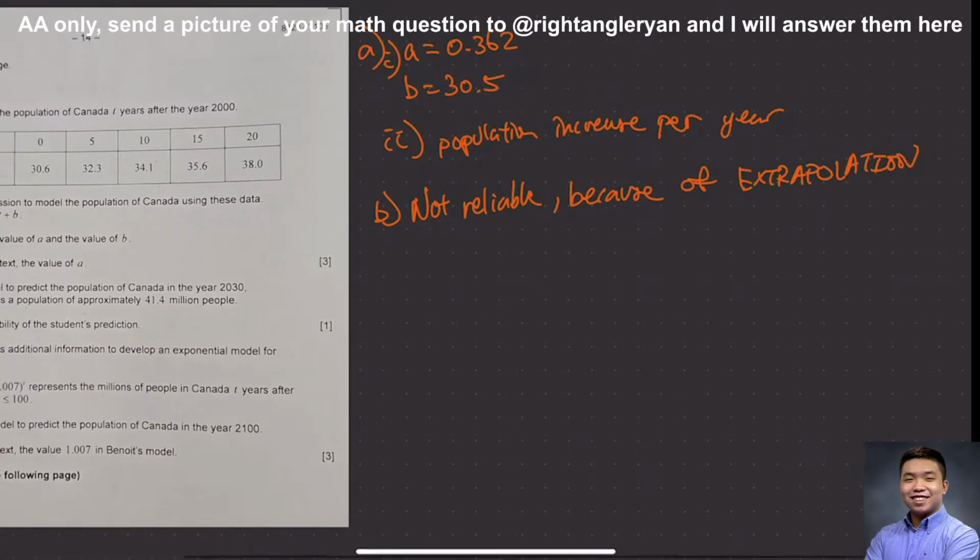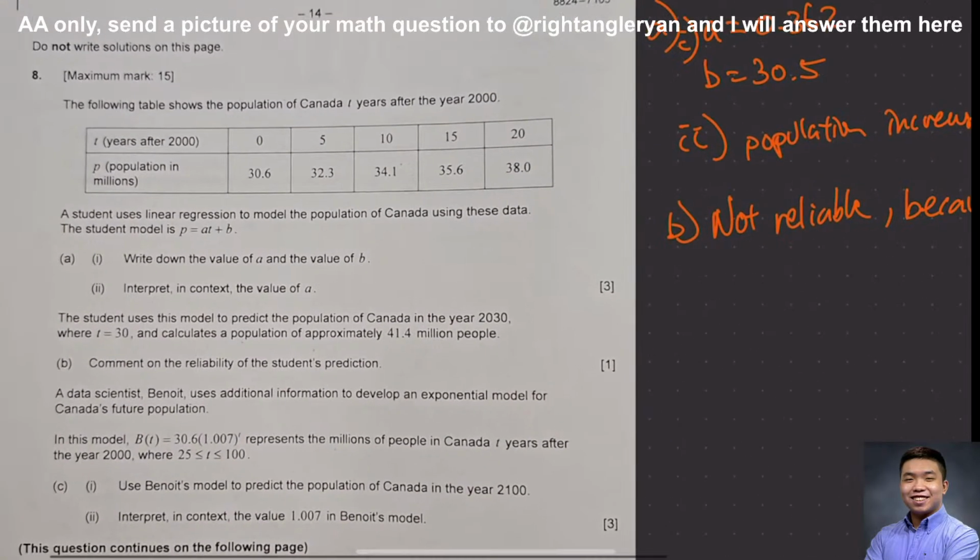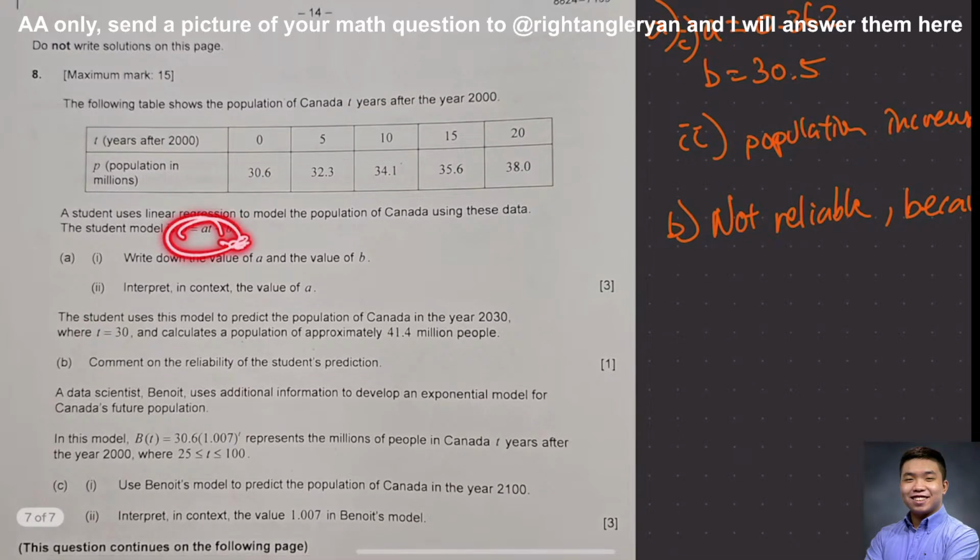What is extrapolation? Let's have a look. The x coordinates are just between 0 and 20, right? So I can only make an accurate prediction if it's between 0 and 20 for the x coordinate. Now this student predicted for x equals 30, or time equal to 30, which is outside the given data range. This equation is only reliable if I predict for an x value in between my data set.